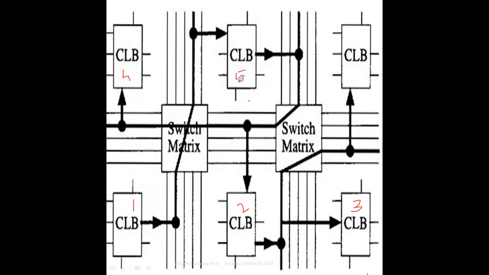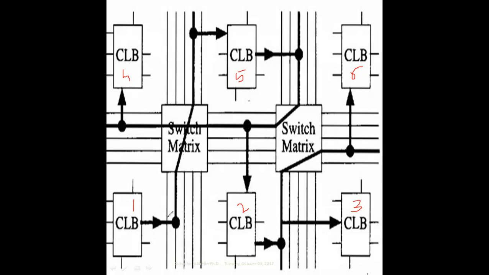From these they use 2 switching matrices. Total 5 vertical lines and 5 horizontal lines are there, connected through the switching matrix.